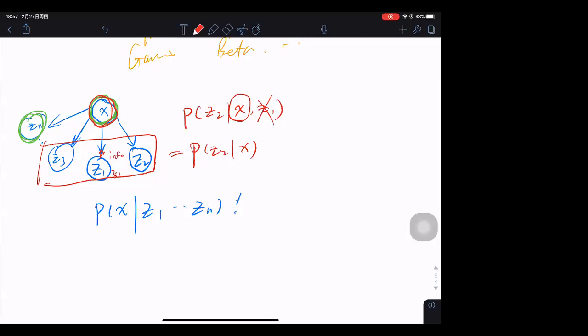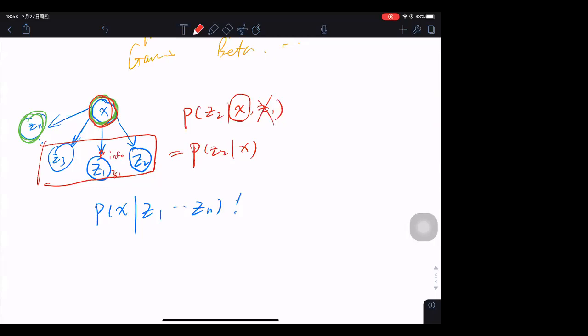So the readings of Z2 or Z3 up to Zn are independent of Z1 given the state X.